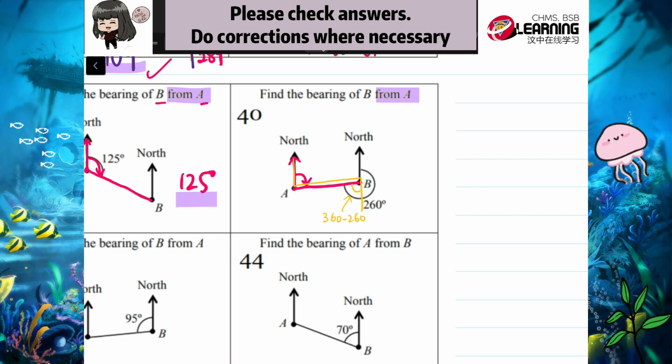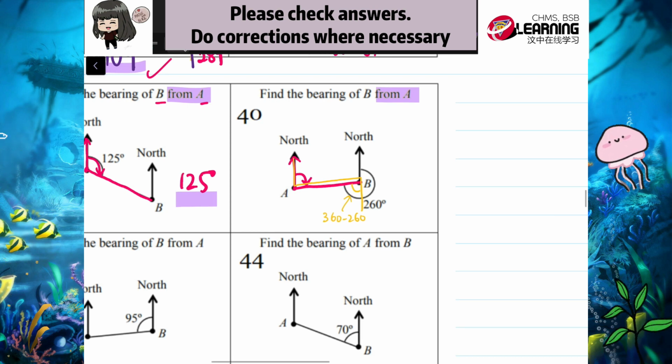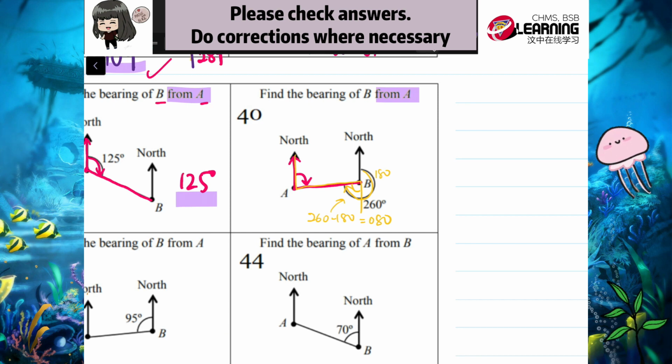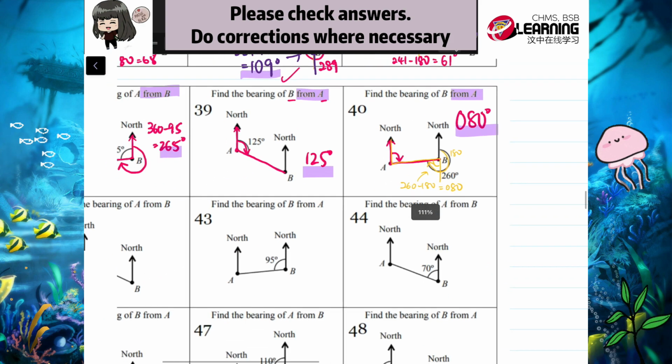Okay, so 360 minus, I know, it's not 360 minus 260, sorry. It's supposed to be like that, Z. So this is 260 minus 180. Here is 260 minus 180. Okay, so you get 080. Okay, so the answer is 080. Don't forget to put the 0, okay?